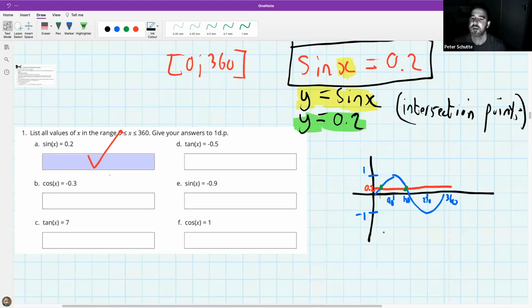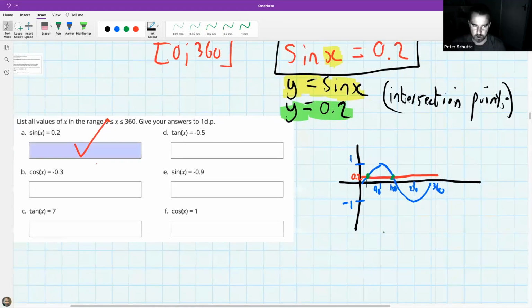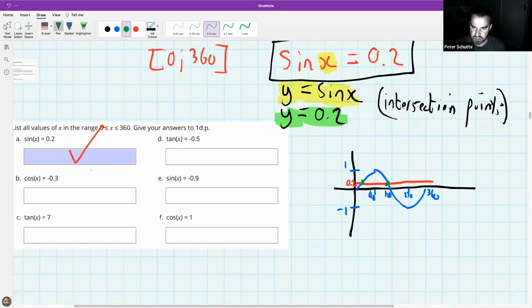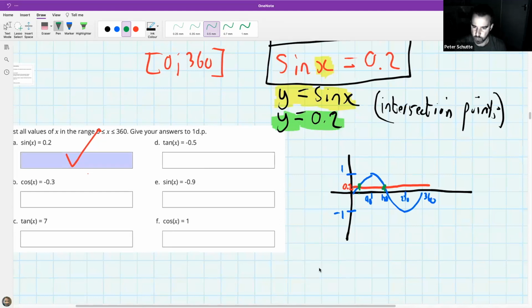Okay, now, in the next part, we have to figure out what each of these solutions are. And the way we do this is we decide which quadrants we're dealing with, and we also deal with something called a reference angle. So to solve this question, step one is I want to say, what is my reference angle? The way I get my reference angle is I take the inverse sine of 0.2.